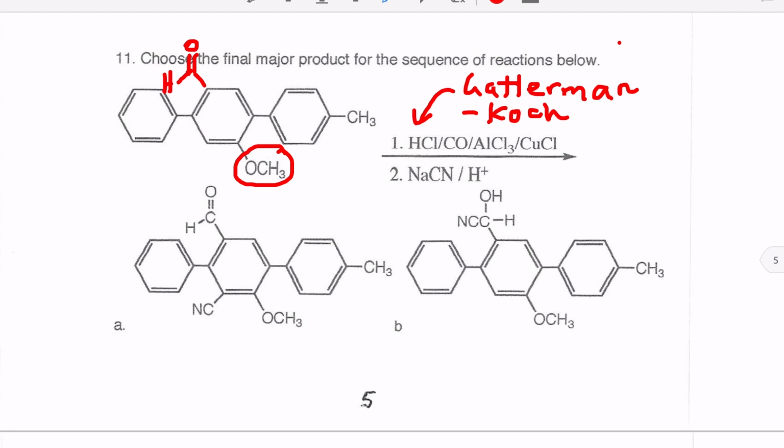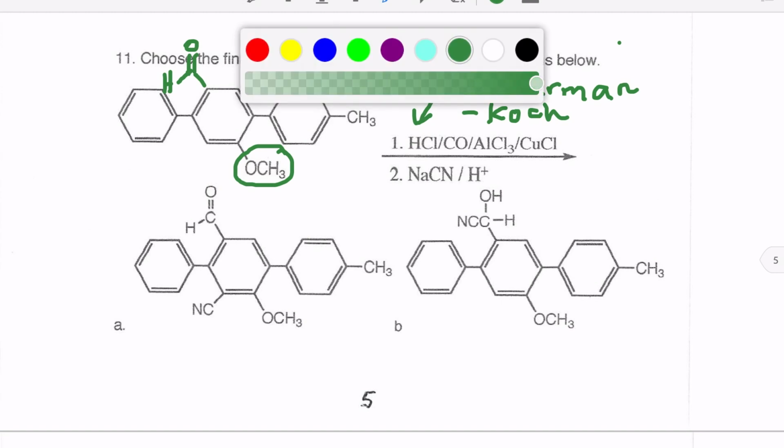Now the second reaction involves the use of sodium cyanide in acidic conditions. So automatically we know that since we add sodium cyanide to the reaction mixture, the active component will be the cyanide component, the CN component right here, which I will put in just a sec.